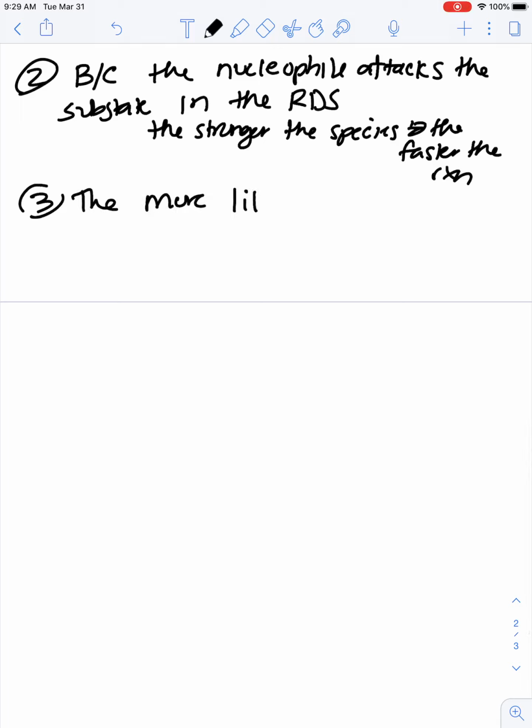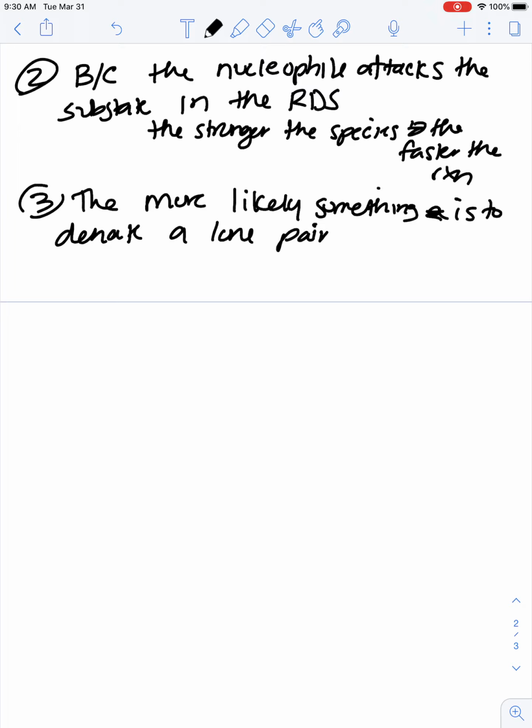The more likely something is to donate a lone pair, the better nucleophile it's going to be. So strong bases are going to be strong nucleophiles.